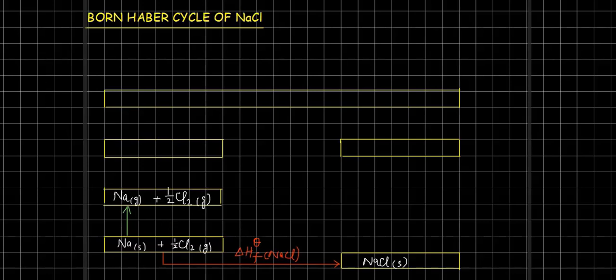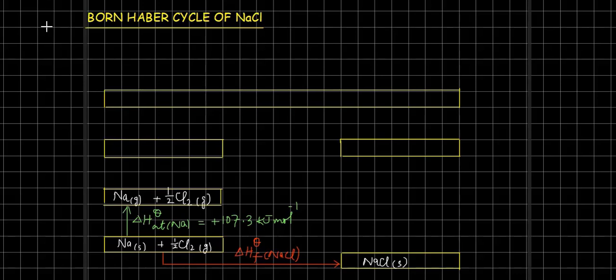So here, the enthalpy change involved will be the standard enthalpy change of atomization for sodium. Right? And the value according to the data booklet is plus 107.3 kilojoule per mole. Okay.